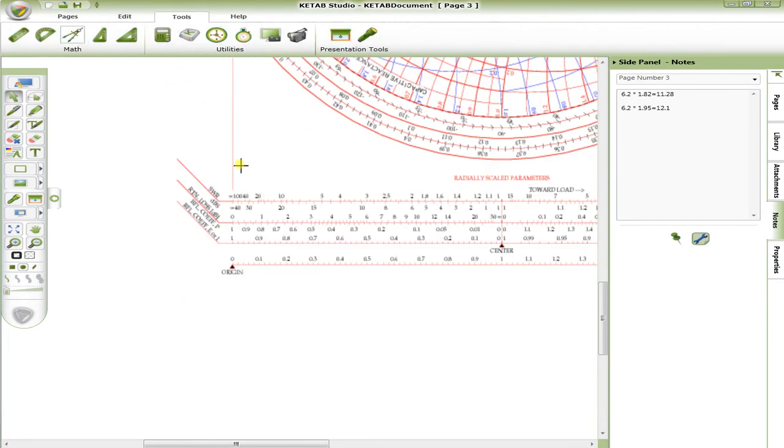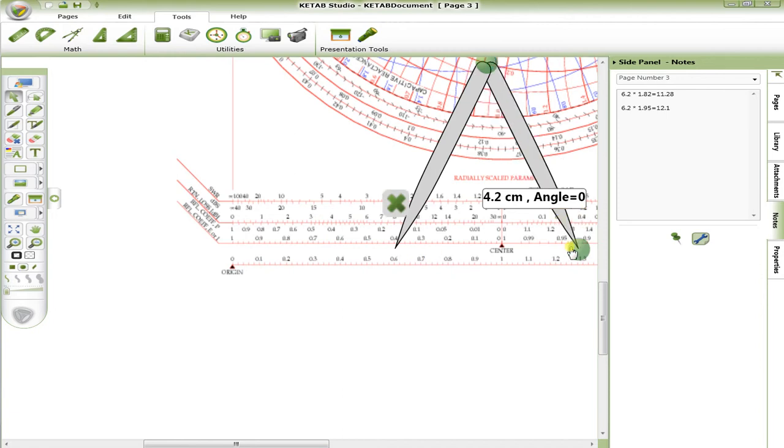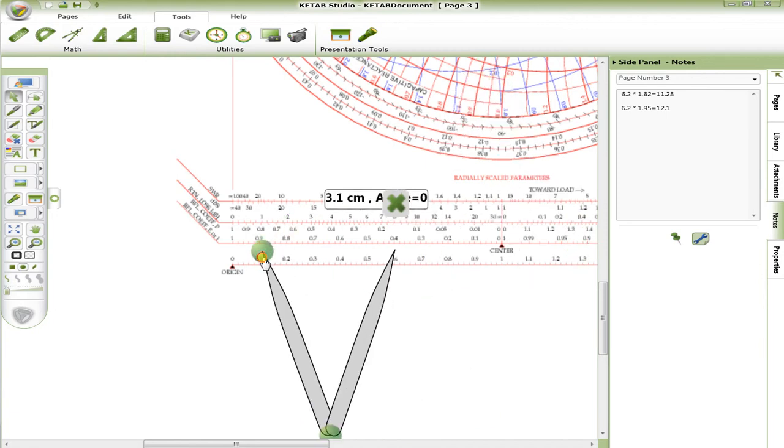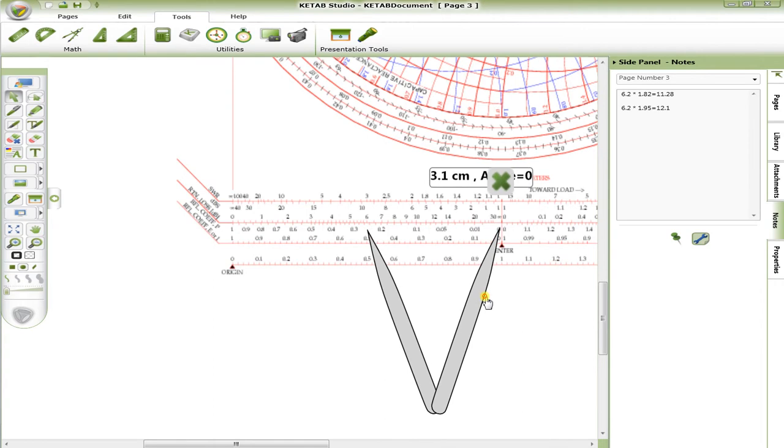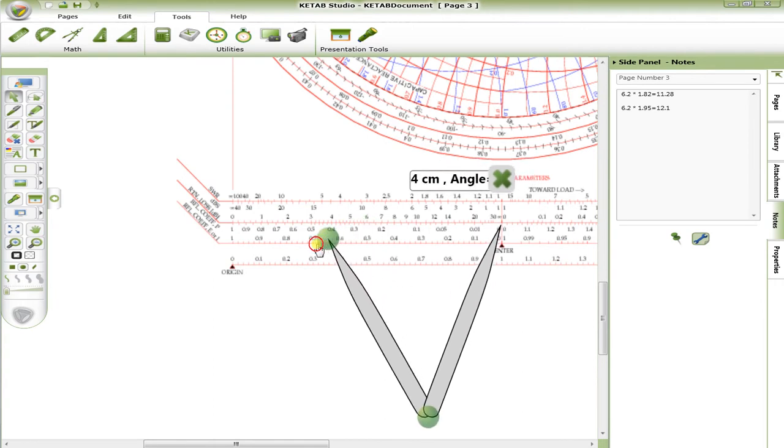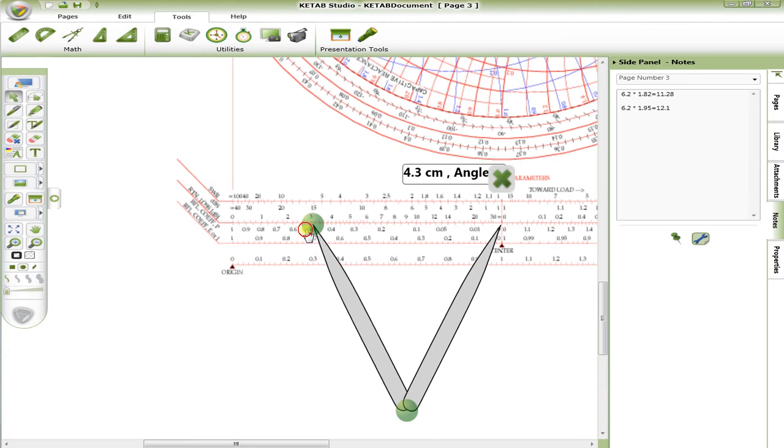So we go to tools, compass. At this scale, the value was 0.488, so it's almost 0.5. It should be like this.